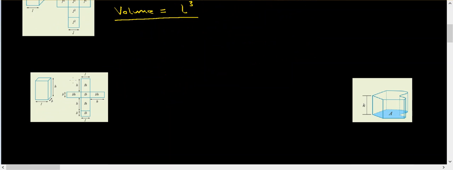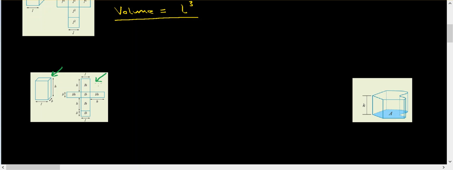And then if we have a look at this, so again, this is a net. We've just taken this shape here and split it down into its 2D shapes.